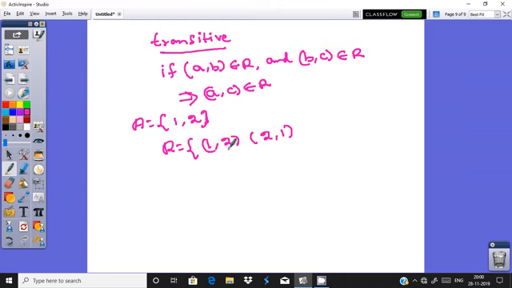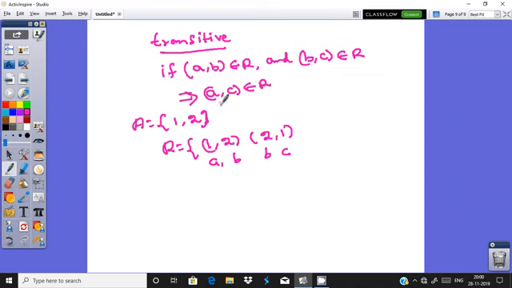So 1, 2. So 1 is A and 2 is B. Now you have to identify whether any relation starts with B. B is here too. So again it starts with B called 2 and C is again 1 here. So this is B and this is C, and this is A and this is B. So it starts with it, but this is not called a transitive relation.